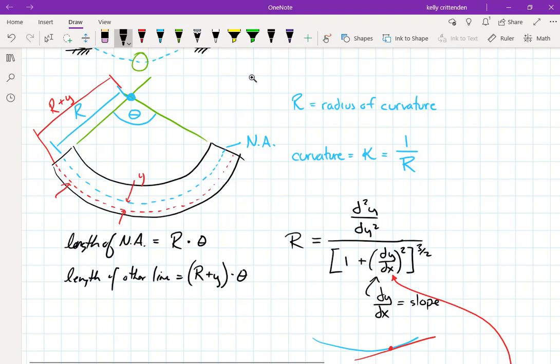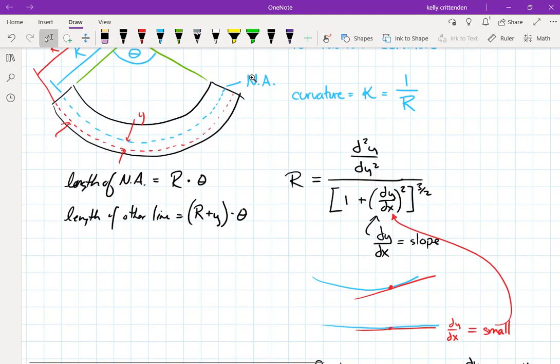strain. Way back in the beginning, strain was the change in length over the original length. So originally my red line, before I loaded this thing up and deflected it, bent it, was the same length as the neutral axis because they were horizontal, parallel to each other.